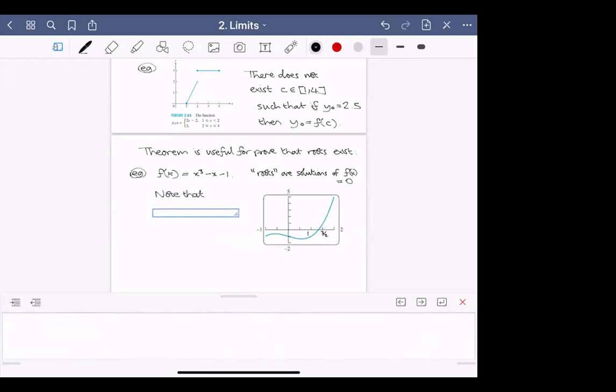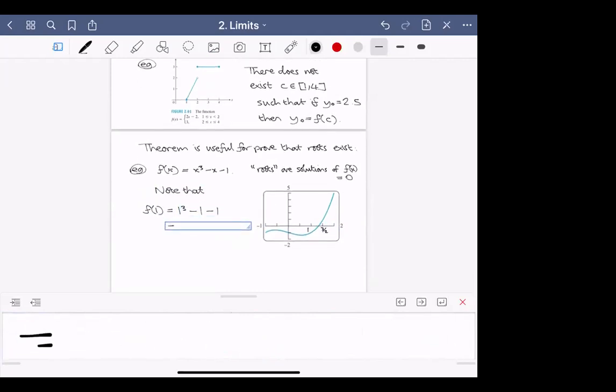But now we can prove this. So f(1) is 1 cubed minus 1 minus 1 equals minus 1.